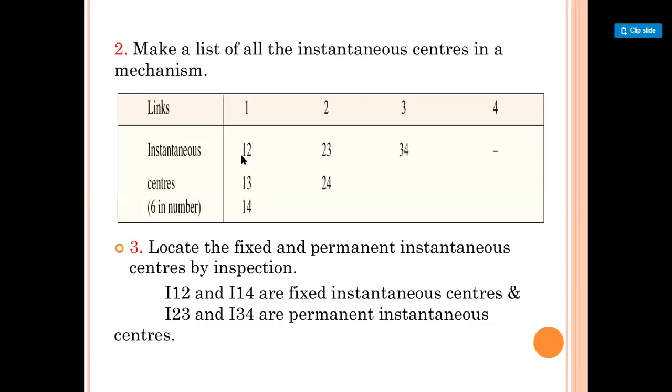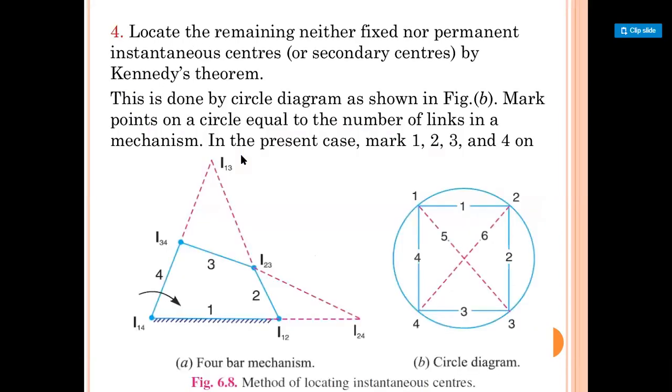Locate the fixed and permanent instantaneous centers by inspection. I12 and I14 are fixed instantaneous centers, I23 and I34 are permanent instantaneous centers. Then locate the remaining, neither fixed nor permanent, instantaneous centers by the Kennedy theorem.